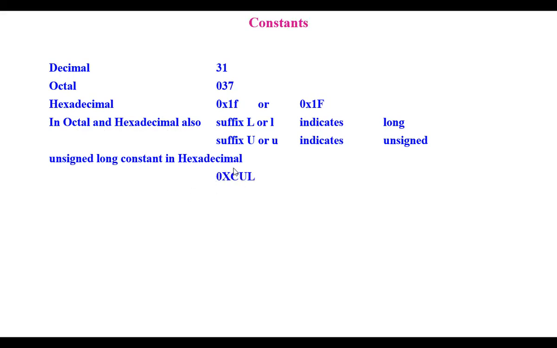Suppose I have taken just C. C is a number in hexadecimal. How do we understand? This is 0x, which means it is a hexadecimal number. Okay, fine. Coming to this UL, unsigned long, this is an indication for an unsigned long integer. Next, in the decimal system, very simple, it is 15. 15 is a decimal number.